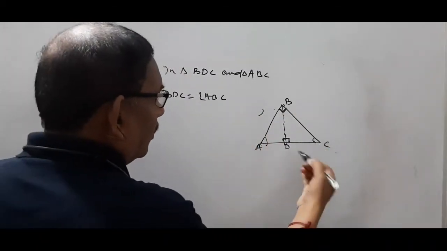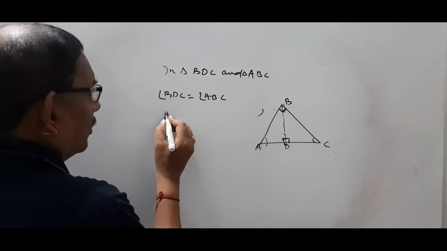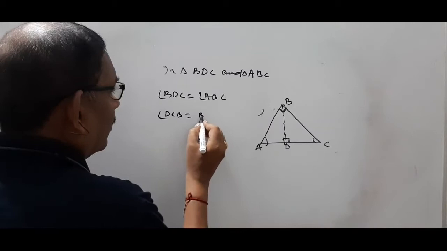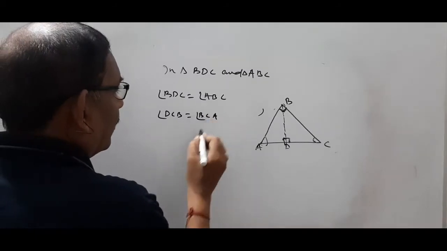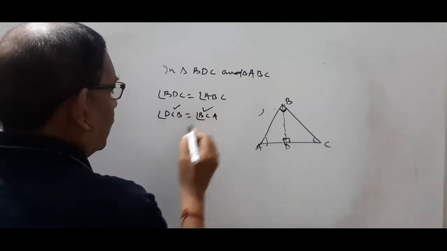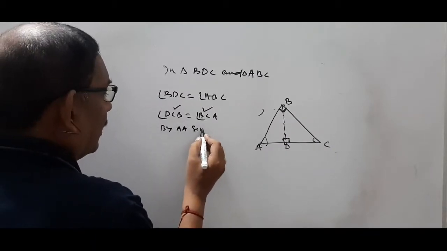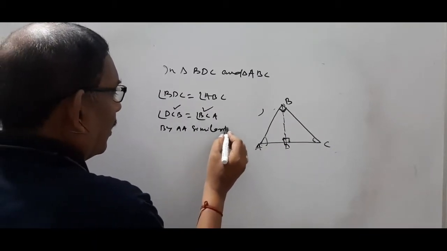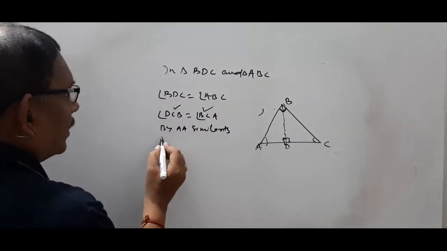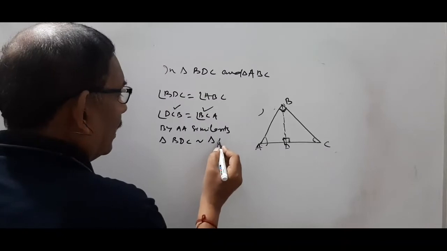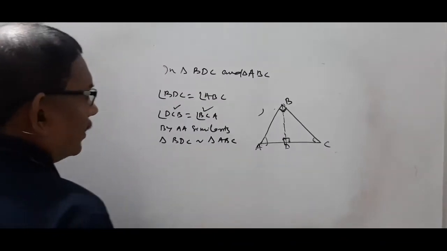Angle C is common to both triangles. So angle BCD equal to angle BCA is common to both. So by AA similarity, triangle BDC similar to triangle ABC.